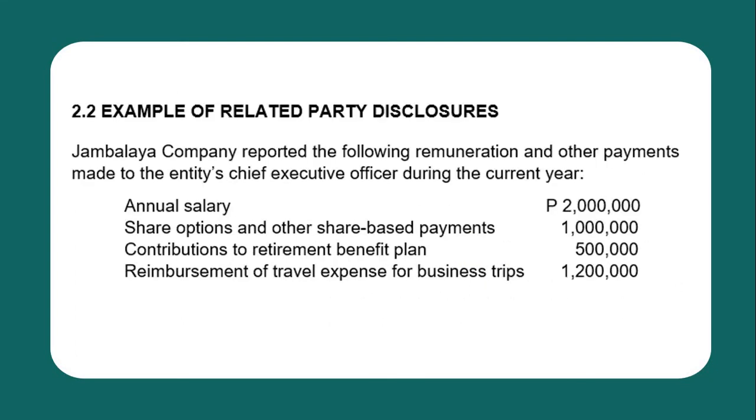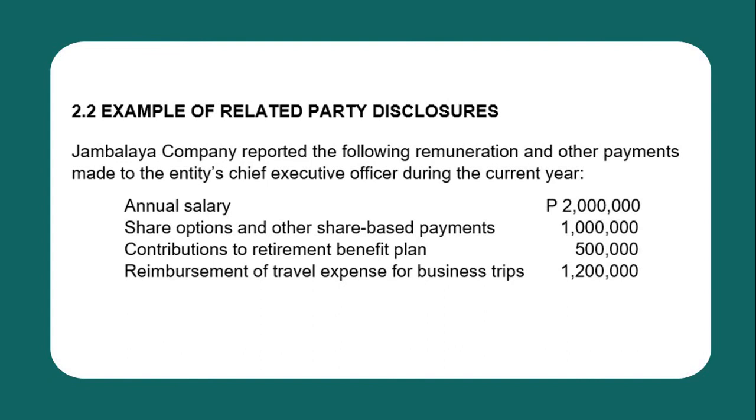So, example of related party disclosures. Okay, so let's have this illustration. Like Hambalaya Company reported the following remuneration and other payments made to their entity's chief executive officer during the current year. So, chief executive officer is considered as a key management personnel, therefore a related party.